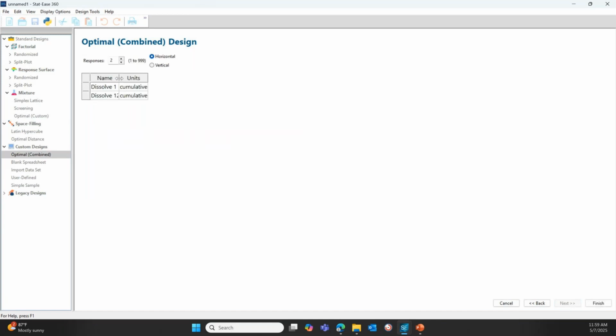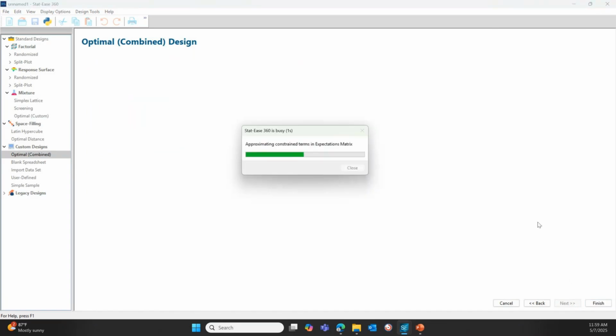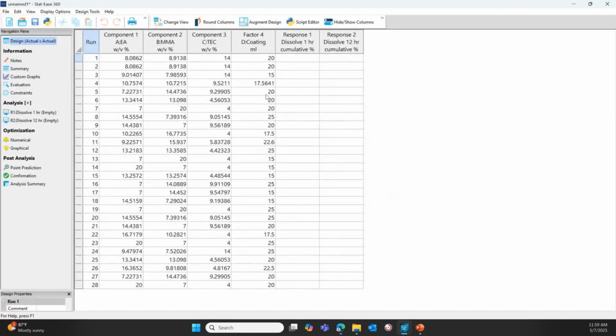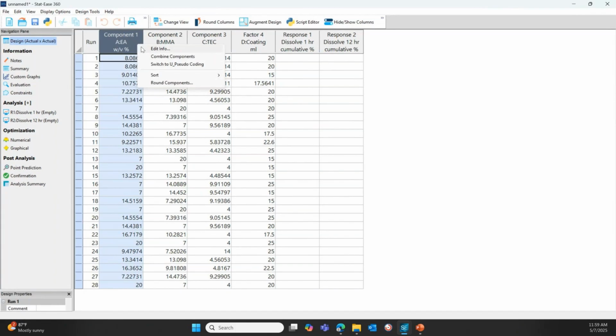I have 2 different responses, dissolved in 1 hour and dissolved in 12 hour. I will finish that. It's going to calculate a bunch of different designs and pick the winner, and here it is. So here we have all these different designs. Now I'm probably not going to go out there and measure 14.5554, so we do have a little thing where maybe we can round this.